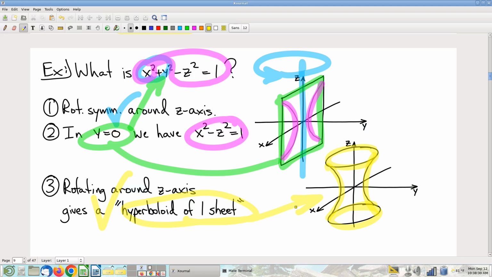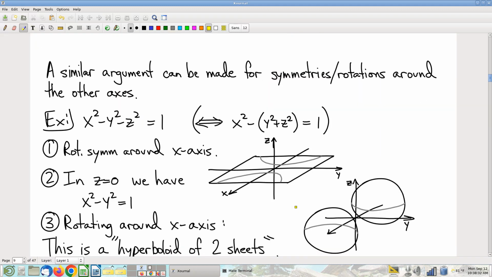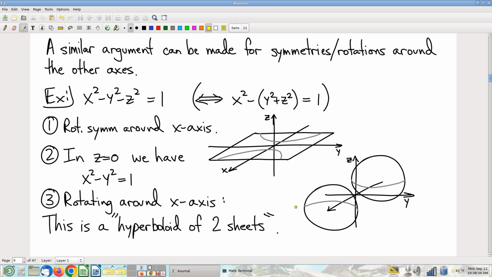All right. Now there are similar theorems, similar arguments that you can make when you have symmetries around other axes. And I don't want to get rigorous about this, but I think it's a fairly easy appeal to make. For example, in this equation, now x and y do not appear in the special form, but y and z do.